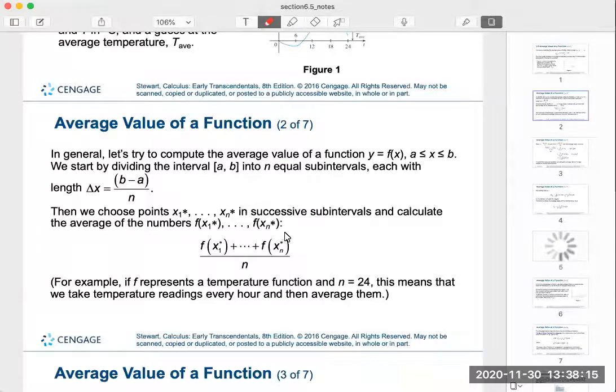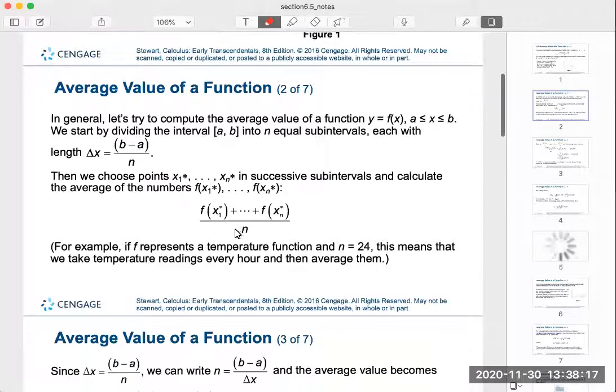Then the average of the function over the points from x1 star to xn star will be the sum of f of xi star divided by the number of points.